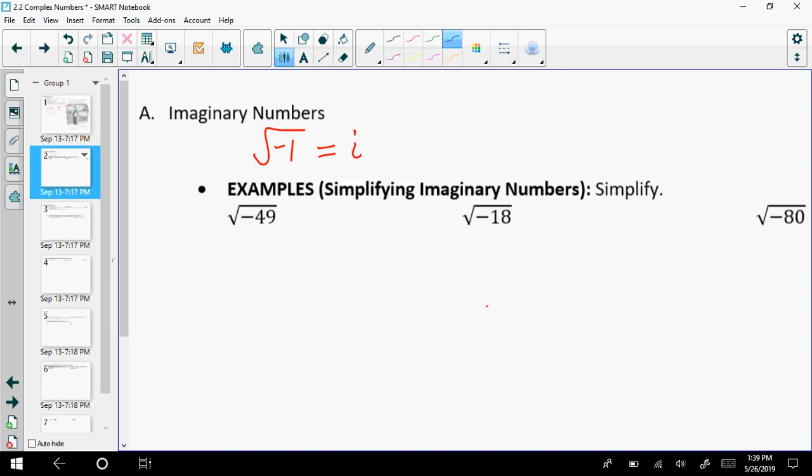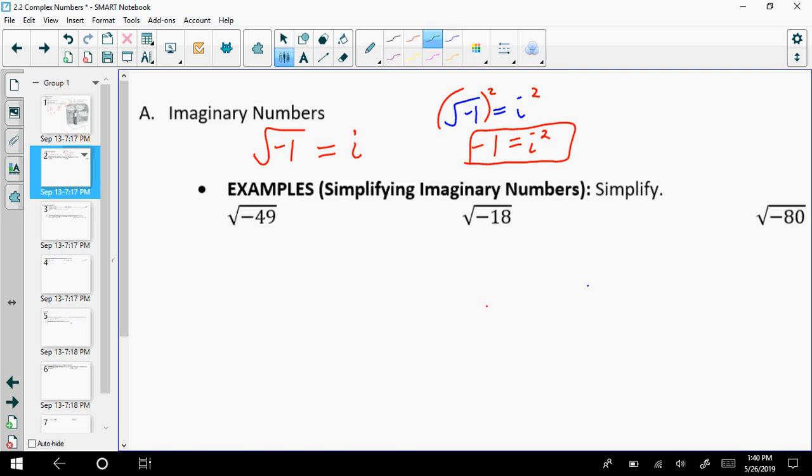Another property that would happen is, okay, if I took that result and I squared both sides to get rid of the square root, well, the square and the square root would cancel, and we would get negative 1 equals i squared. This is going to be a simplification property that we'll use quite a bit. We'll talk about that more in just a bit.